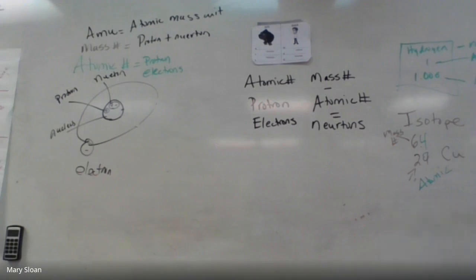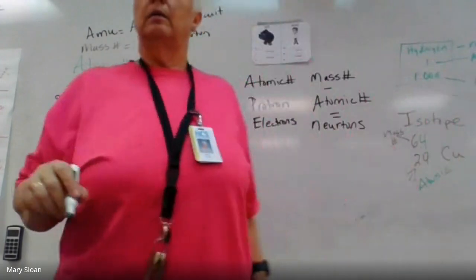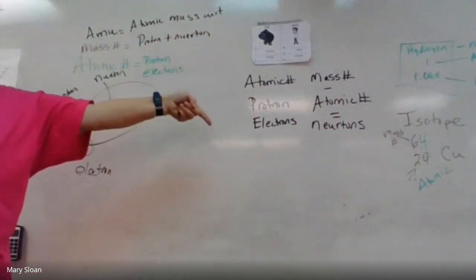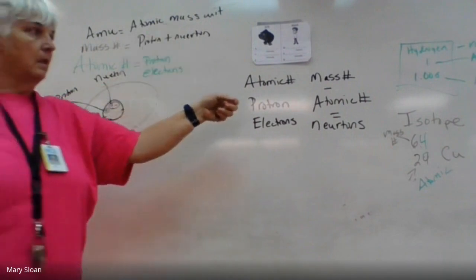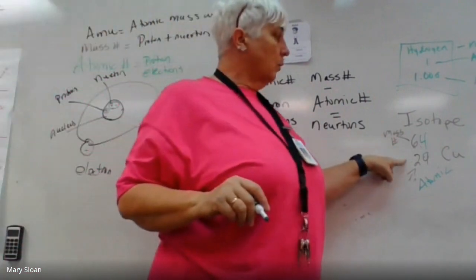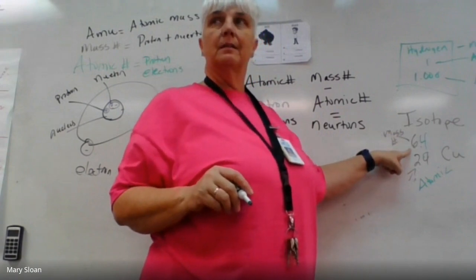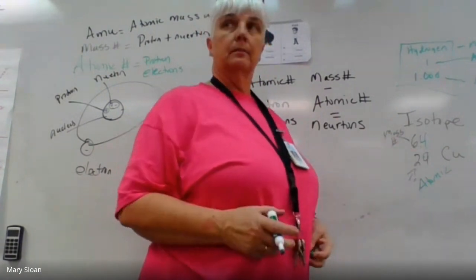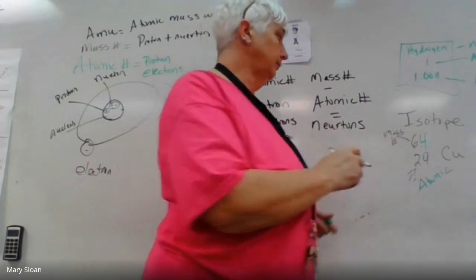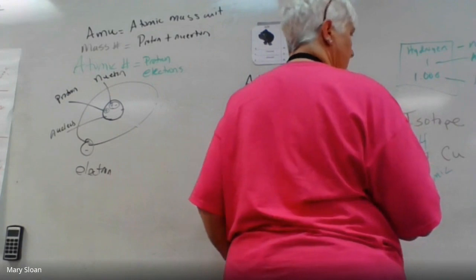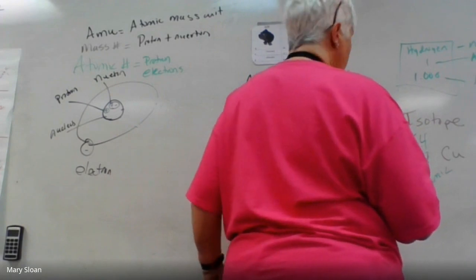Okay, so let's go over here. The neutrons are equal to the protons and electrons added together. 29 minus 64. What is that? 35.